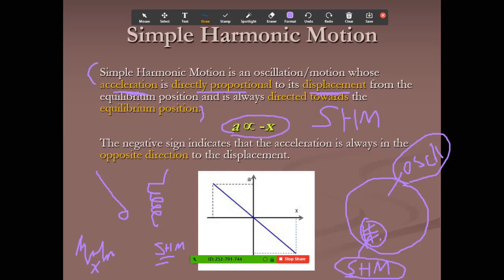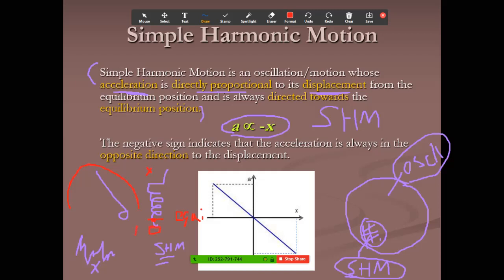What does that mean? To explain this, I think a spring is better. A spring: let's say this is the equilibrium position. At this point, let's say the spring is extending down, and I put a mass here.